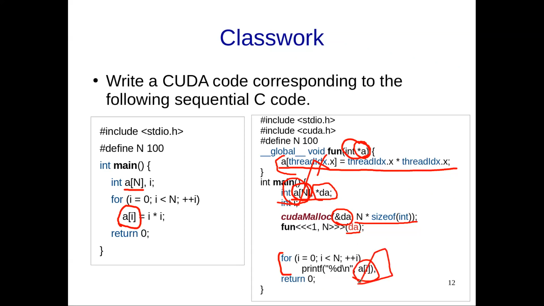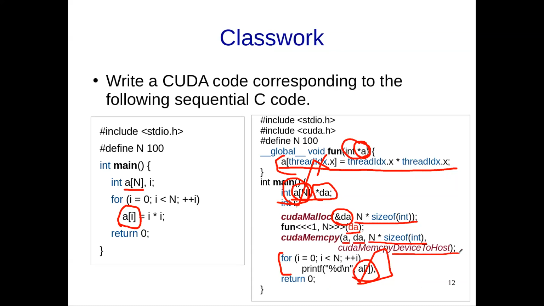So I cannot access it from the CPU memory. What I have to do is to transfer that written square 0, 1, 4, 9, 16 from GPU memory to CPU. How do I do that? That gets done using the memcopy command. In CUDA's terms, it will be called CUDA memcopy. The syntax is destination address, source address, how many bytes to transfer, and what is the direction of transfer.